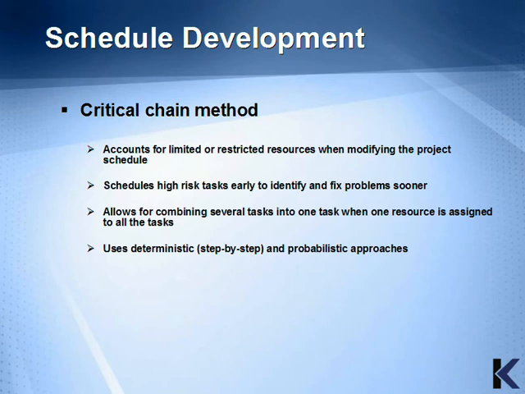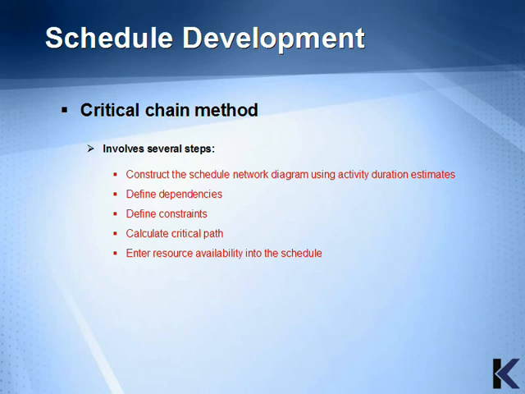It uses a deterministic, step-by-step, and probabilistic approach. These steps would include constructing the schedule network diagram using activity duration estimates, defining dependencies, defining constraints, calculating the critical path, and entering resource availability into the schedule.